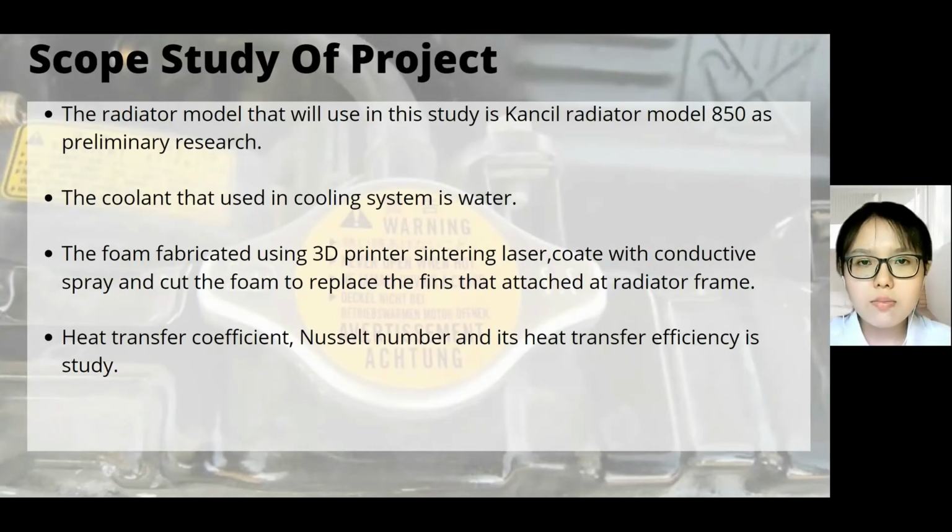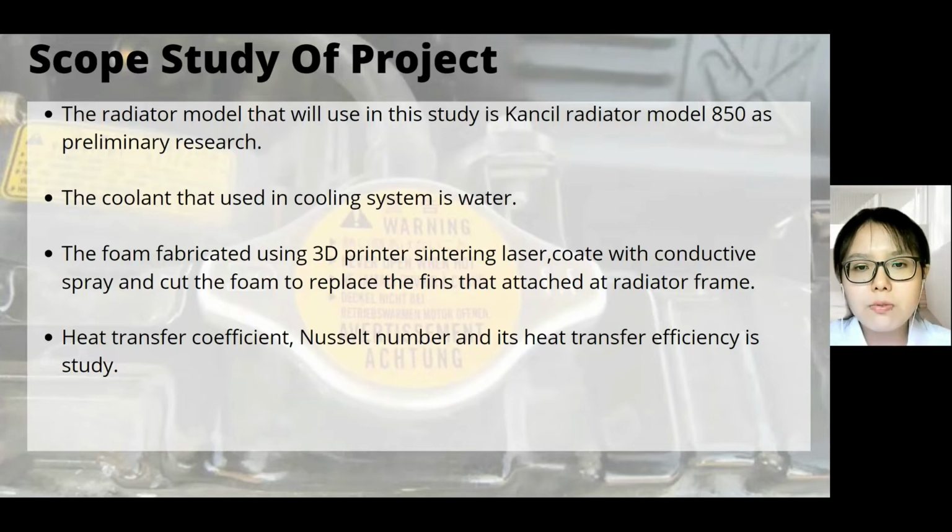Let's move on to the scope of study of this project. The radiator that will be used in this study is the conventional radiator model 850 as the preliminary research, and the coolant we use in this cooling system is water.